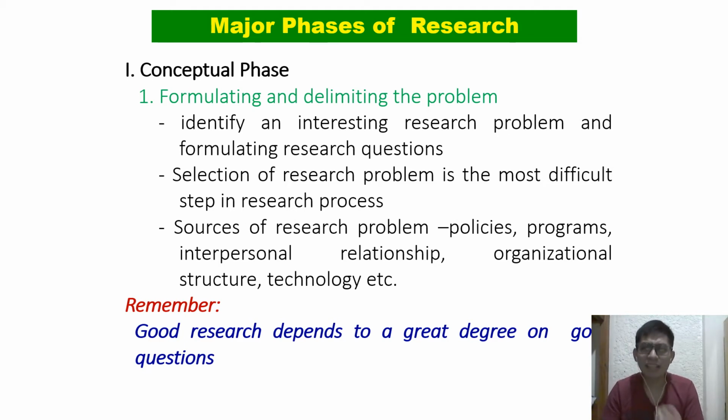In the conceptual phase, first is formulating and delimiting the problem. You should identify an interesting research problem and formulate a research question. Selection of a research problem is the most difficult step in the research process. Sources of research problems may be policies or programs, interpersonal relationships, organizational structure, etc. Such as now, in the time of pandemic, there's a lot of research regarding COVID-related subjects, such as the mental health of an individual.